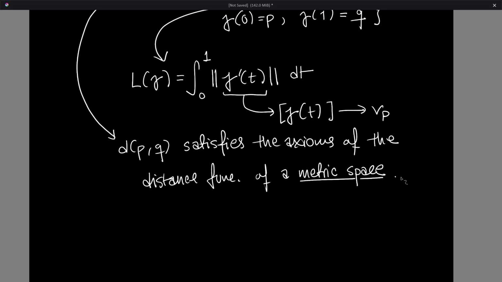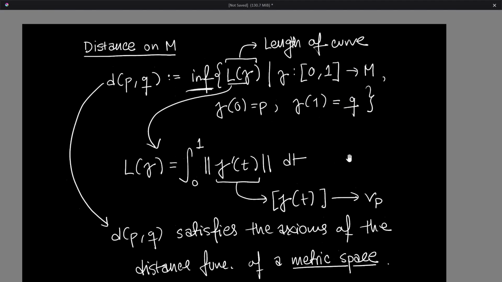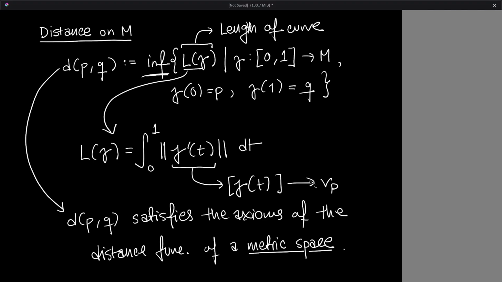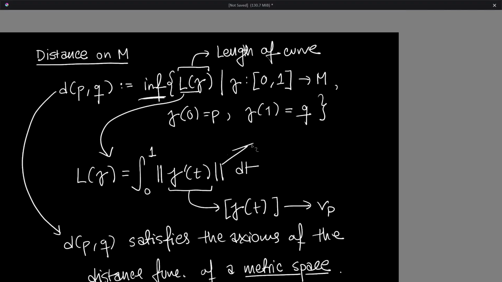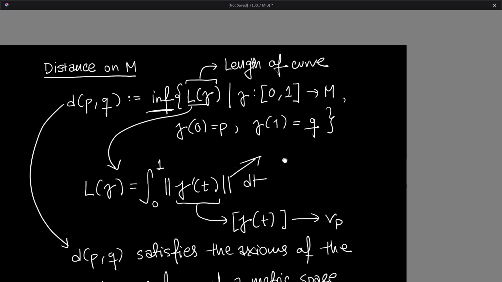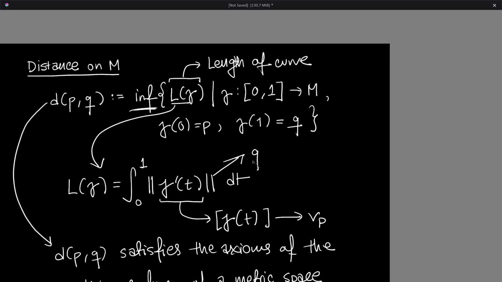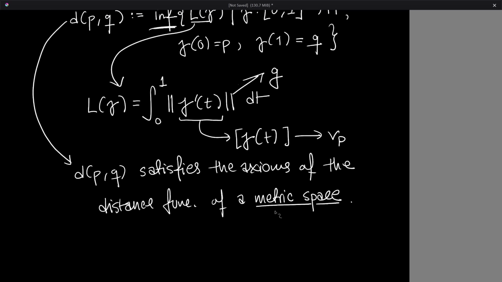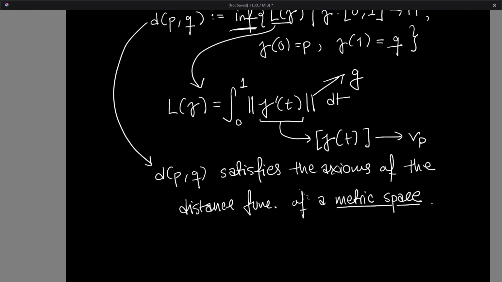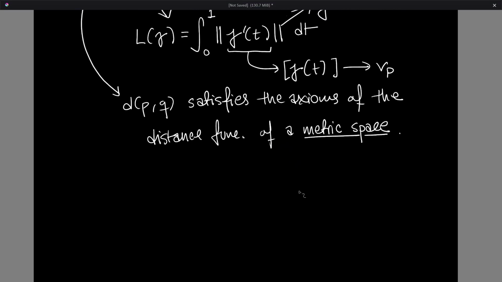And so that makes any Riemannian manifold, because we can always do this as long as we have this whole business going on. So the metric is hidden in this norm, right? So this requires the metric. As long as we have the metric, we can define this distance function. So any Riemannian manifold is a metric space.